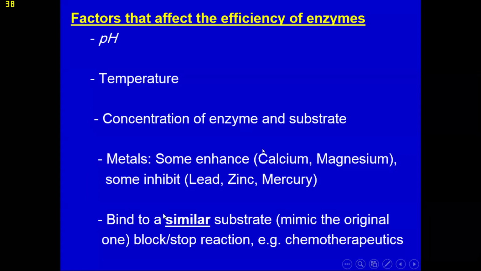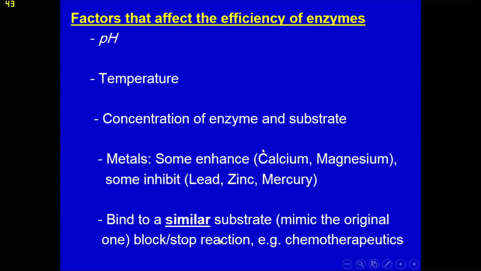So as I said, sometimes we can cheat the enzyme. We put a substrate similar to the original substrate of the enzyme, that is to say, mimic, resembling the original one.